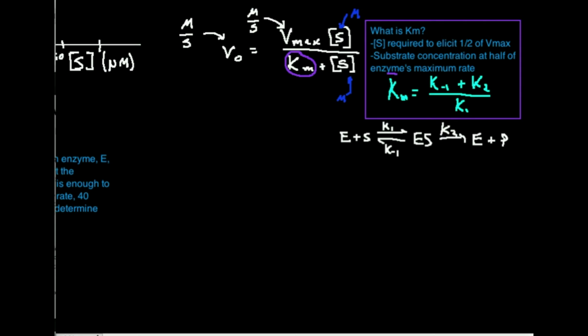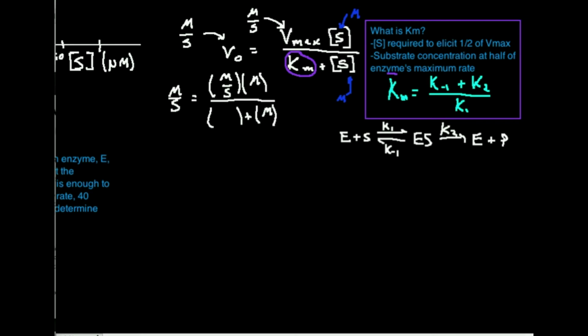So let me say for the units of the initial rate, molar per second equals the units of Vmax, which are molar per second. What are the units of substrate concentration? Molar. And that's divided by whatever the units of Km are, plus, and this is molar.